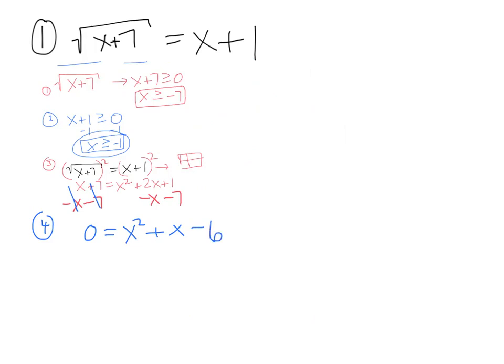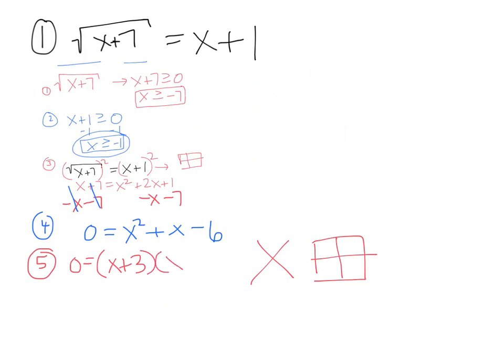So from there, step 5 says that we want to solve the resulting equation. In order to solve this, we're pretty lucky because this time you can actually go ahead and factor it. You should get x plus 3 times x minus 2. And when I solve, I'll figure out that x equals negative 3 or x equals a positive 2.